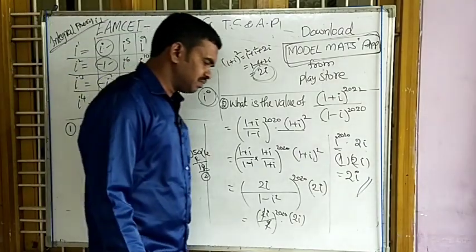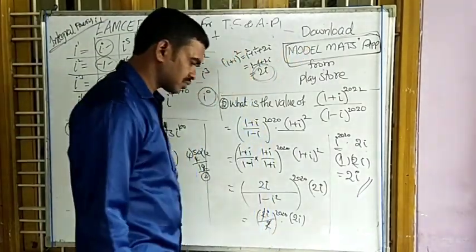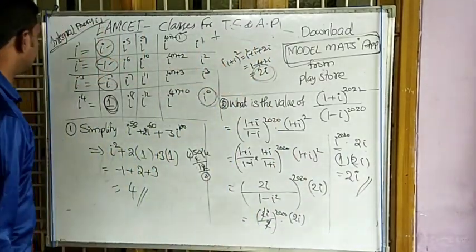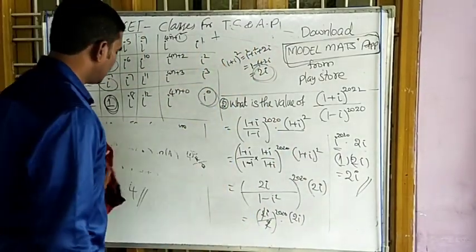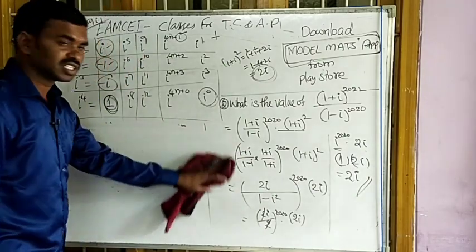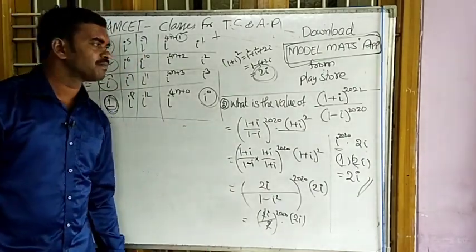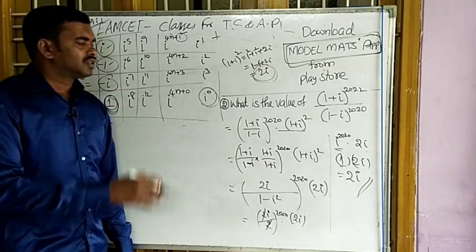Next, one more question. Is it clear? I hope it is very clear. This is very important for 2 marks in your complex numbers.